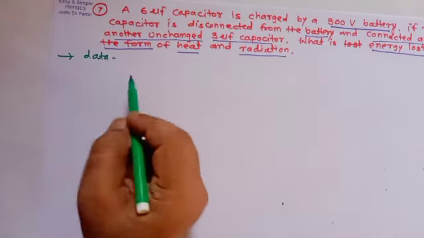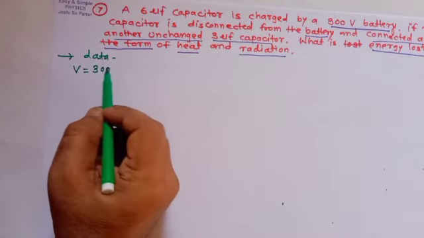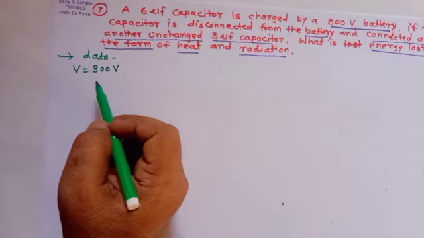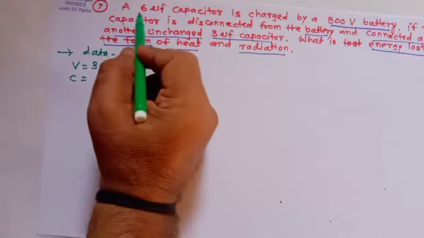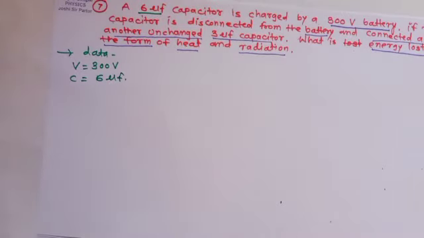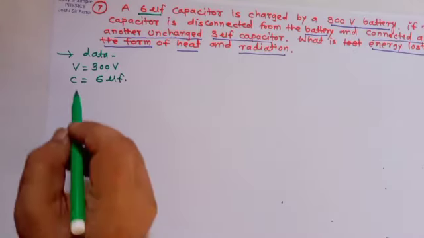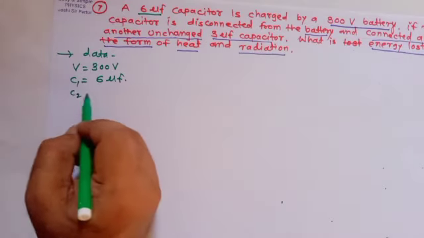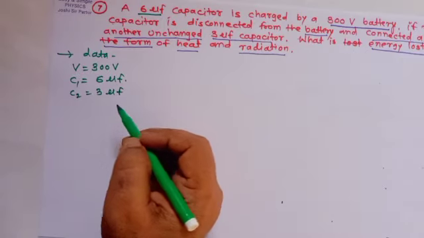The data is written as: potential is given as 300 volt, and capacity is given as 6 microfarad for the charged capacitor. So that is C1, and another is given as C2 is equal to 3 microfarad.